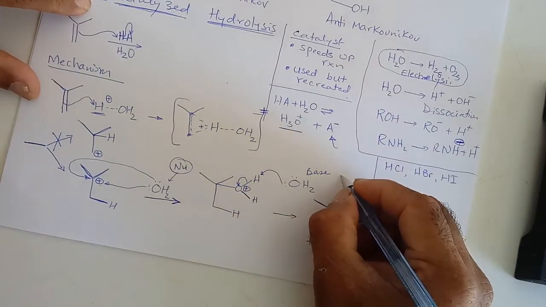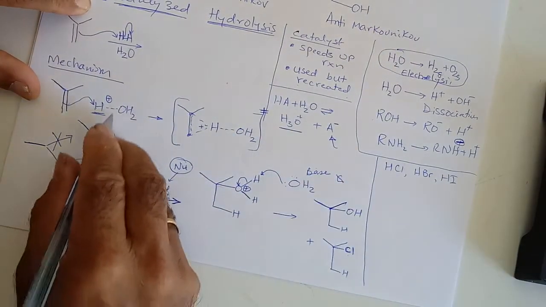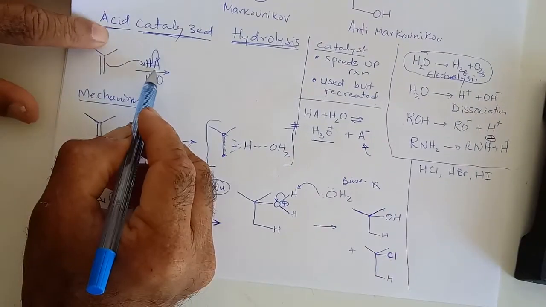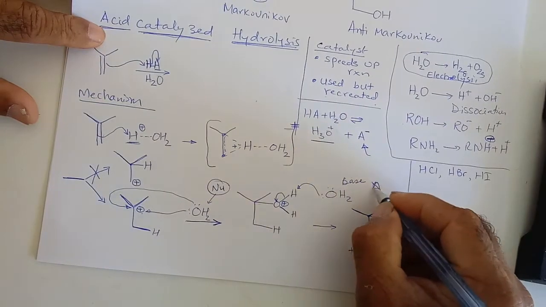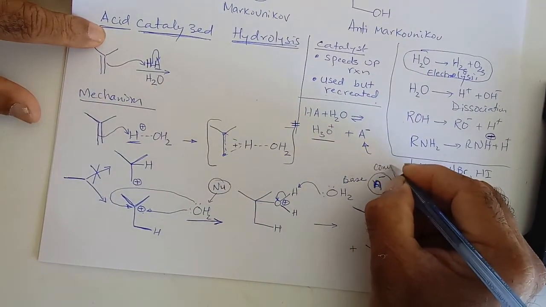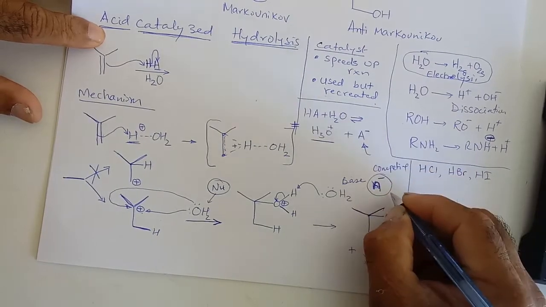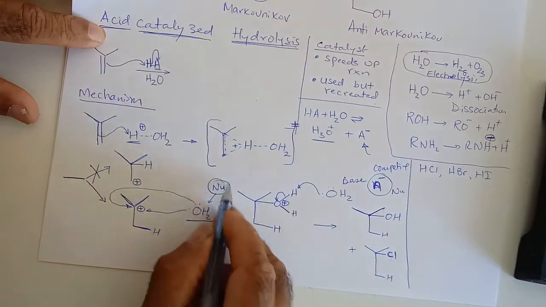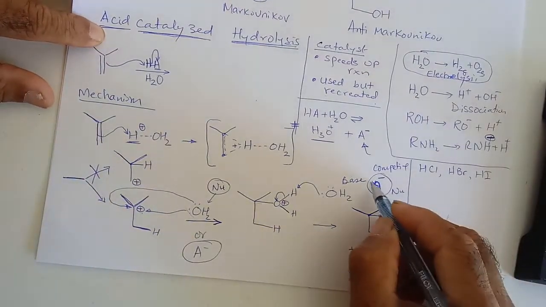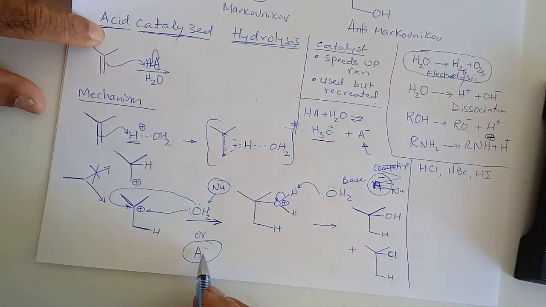It's a competing base or competing nucleophile, A minus. See, there is a minus here. It could be here or A minus, right? Not here. So why did we pick water over this one?